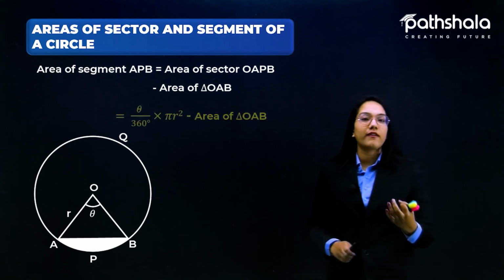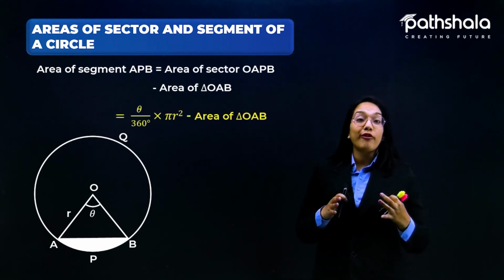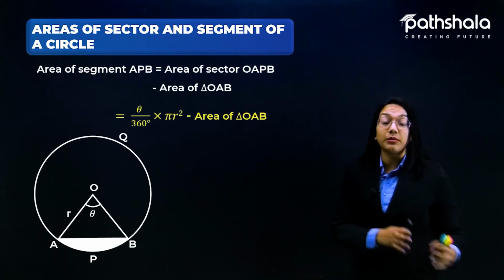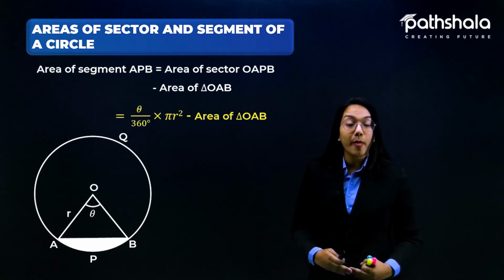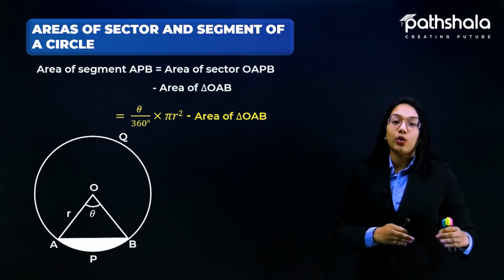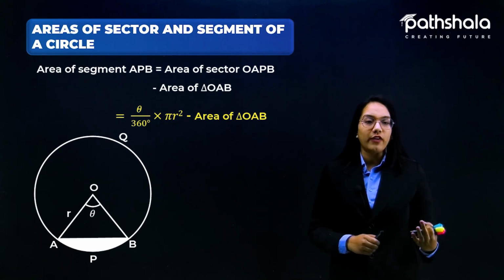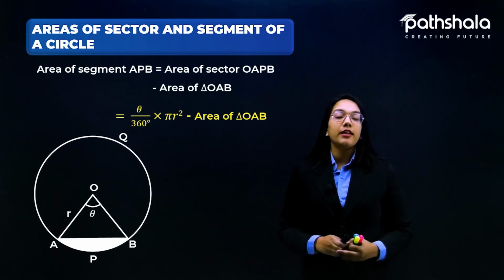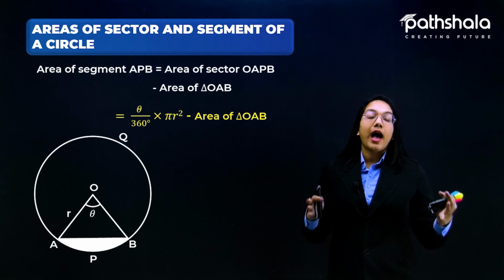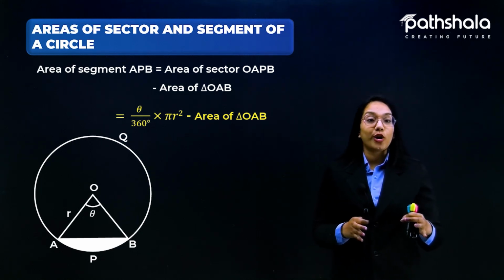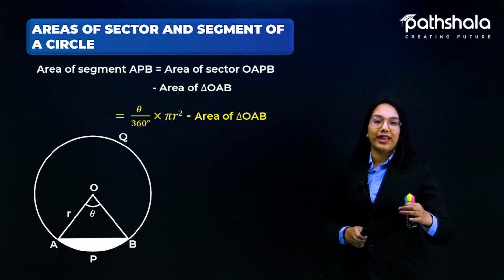So if I plug in all the values, I get the area of the segment APB as theta by 360 into pi r square minus the area of the triangle OAB. And we already know how to find the area of the triangle: either we can use half into base into height, or we can use Heron's formula to find the area of the triangle OAB.